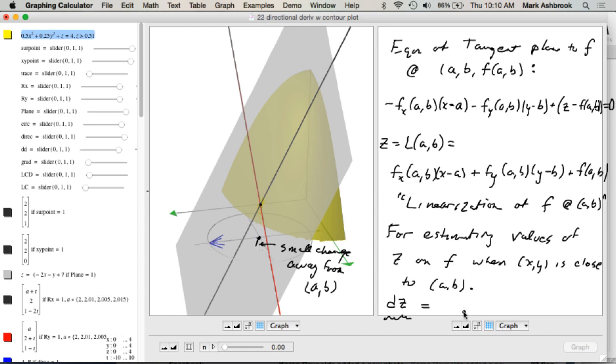So I'm going to get some change in z due to the change in x. How much change do I get due to the change in x? Given any change in x, the change in z is the partial of z with respect to x at AB, Fx, times dx.